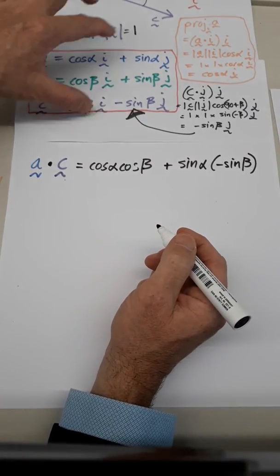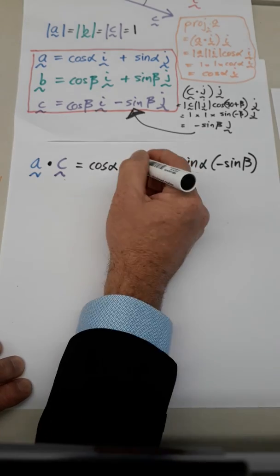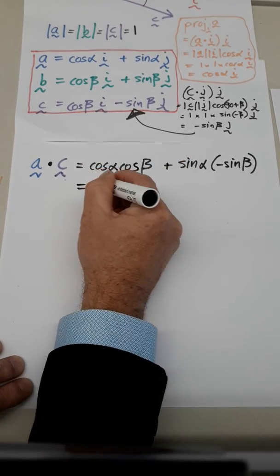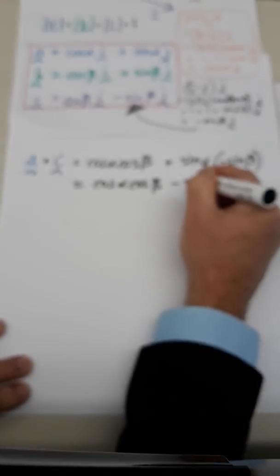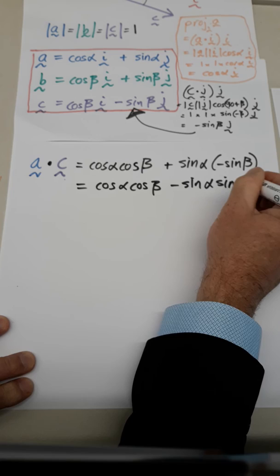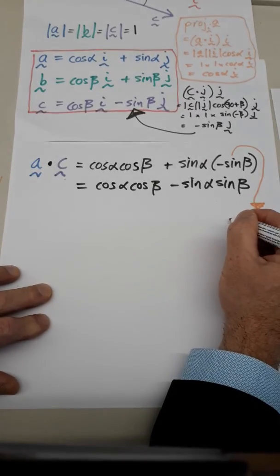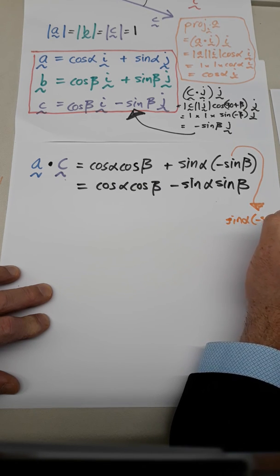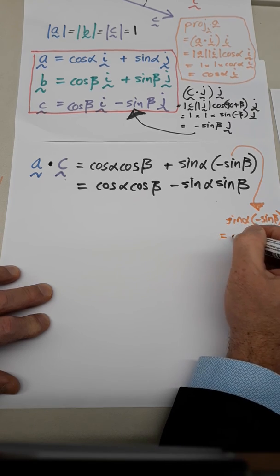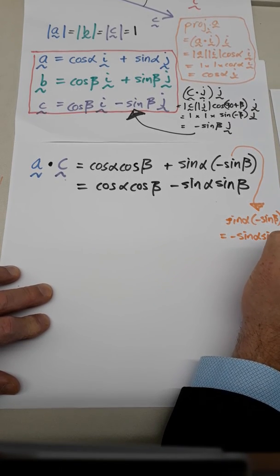So you just times the i components and times the j components together and add those. So we get cos alpha cos beta minus sine alpha sine beta, because sine alpha times minus sine beta equals minus of sine alpha sine beta.